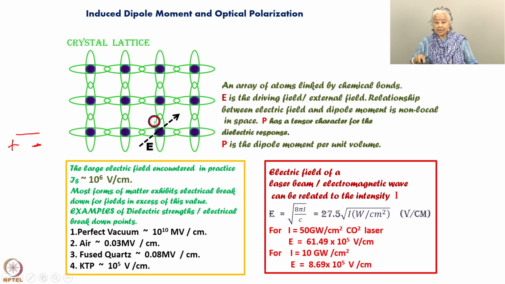Directly it will affect the electrons here, here and here, and subsequently all the other parts also get affected because of this charge separation. All of them start moving in some direction or the other. So, P, the dipole moment, has the character of a tensor. It is localized here, the E, but really it has affected the dielectric response in all these parts also. So, P has a tensor character.